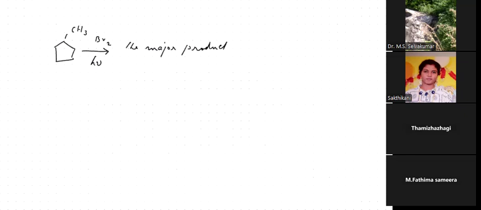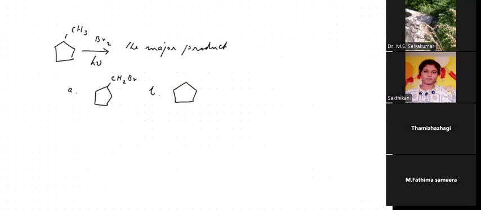You have to identify the major product. Four products are given. In the first one, the hydrogen in the branching is replaced by bromine. In the second option, bromine goes to the next carbon.